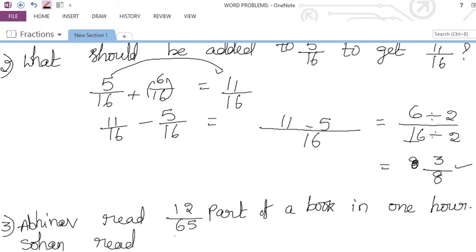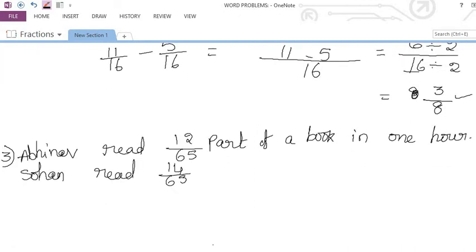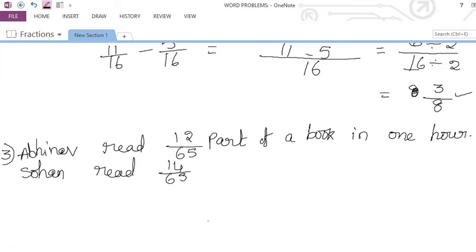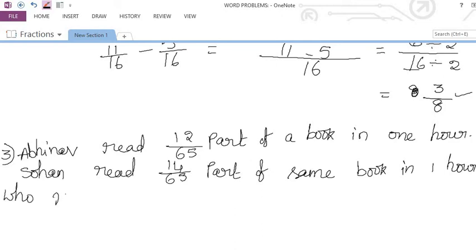He also read the same book, but he read 14 by 65th part of the same book in the same 1 hour. Now his question is, who read more and by how much?